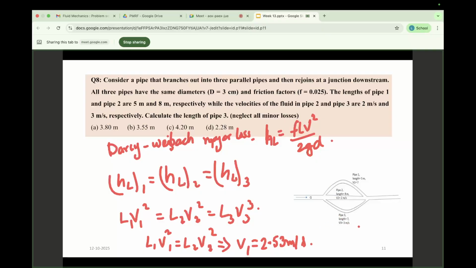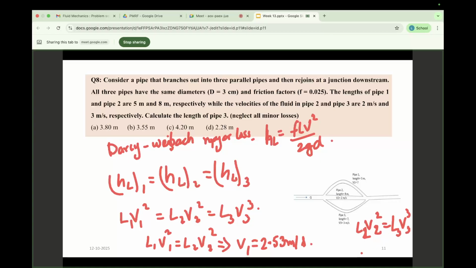Now if I take pipe 1 or 3, you can take 2 or 3, I am taking 1 and 3. No, I am taking L2, the second one will be better, and L3 V3 cube. L2 you know it's 8 meter, V2 you know is 2 meter, V3 you know is 3 meter.